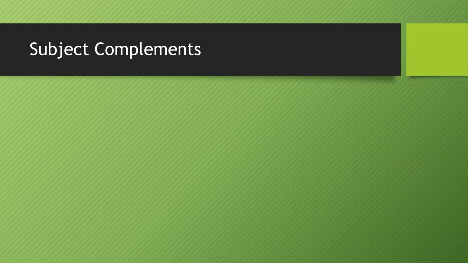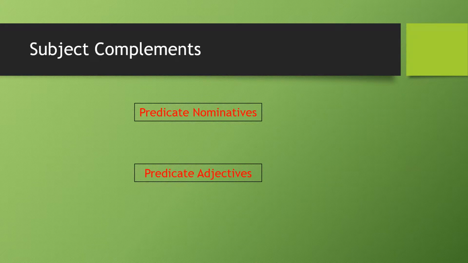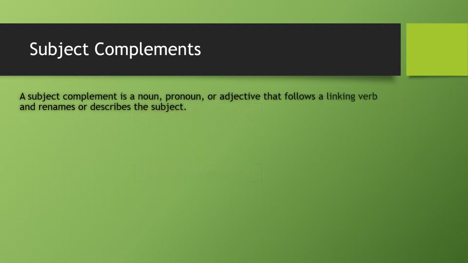So now think about subject complements. Subject complements come in two different forms, predicate nominatives and predicate adjectives. Now, a subject complement is a noun, pronoun, or an adjective that follows a linking verb and renames or describes the subject.